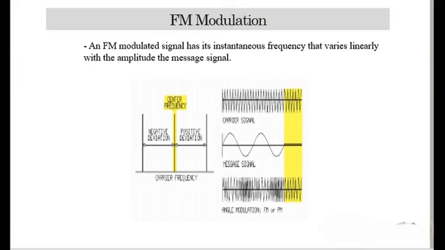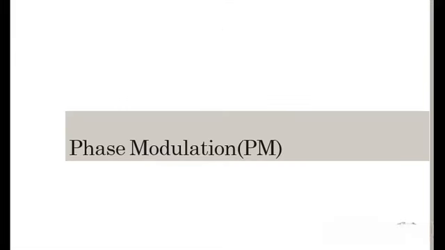For a frequency modulating wave, frequency modulate that for conditionally communication signals for transmission. The same message signal can also be encoded as variations in the phase.